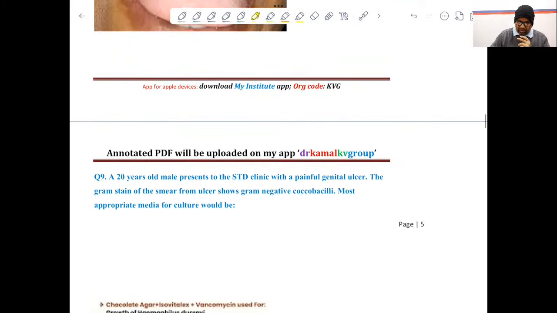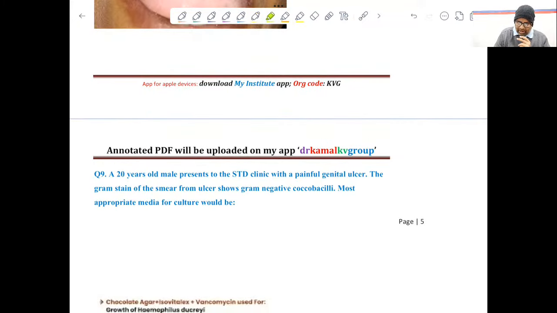Now, a 20 year old male presents to the STD clinic with painful genital ulcers, and the gram stain shows gram-negative coccobacilli. Here you have two important things: painful genital ulcer and gram-negative coccobacilli.